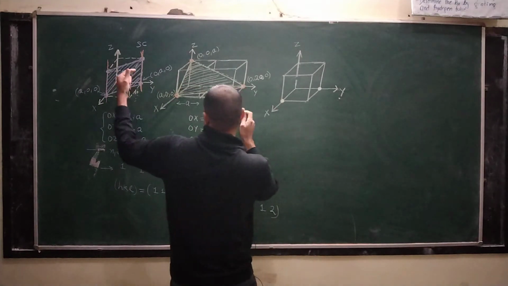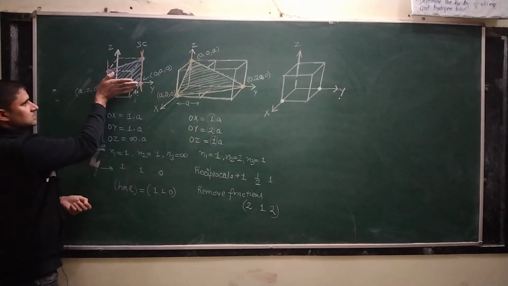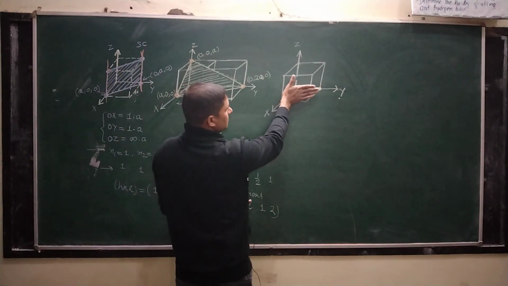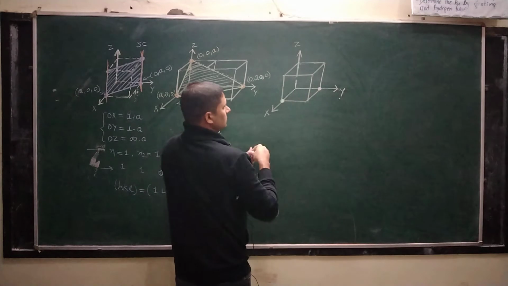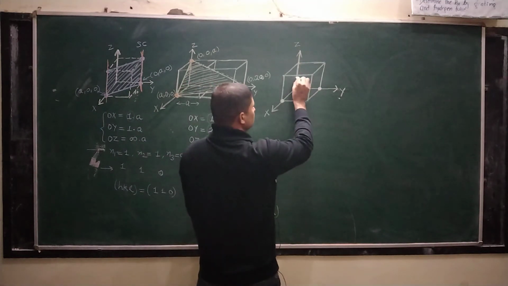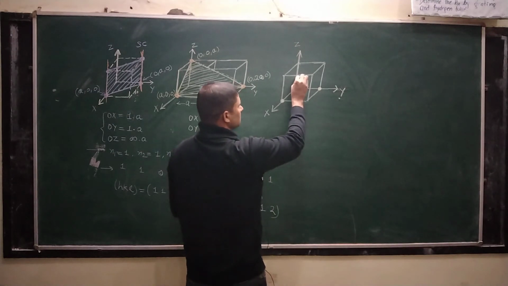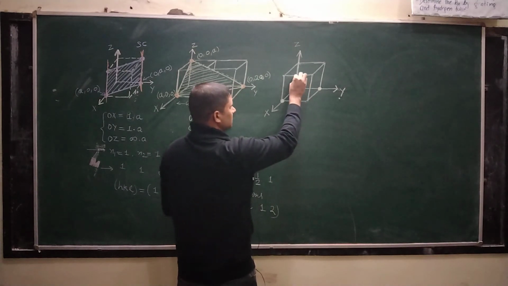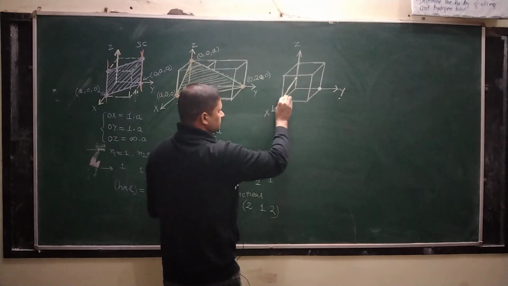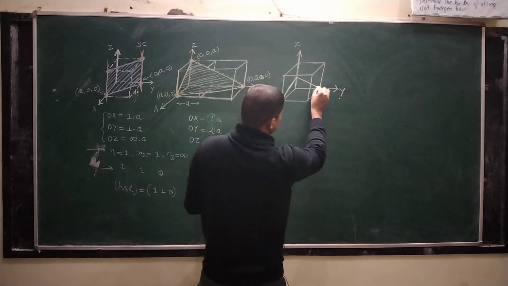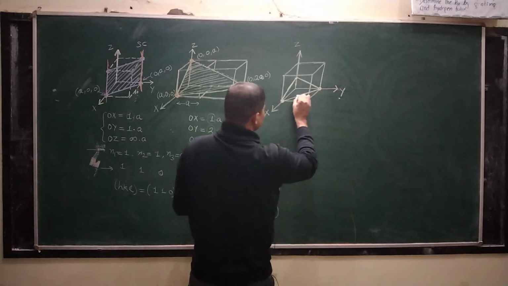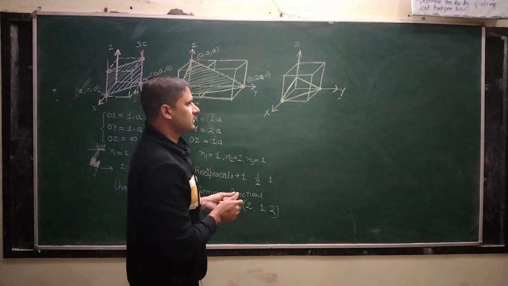This face is tilted towards z, so in that case it will cut the z axis. Suppose it is passing through a point. This is the point where it is cutting the z axis, and this is the plane. So you can see what is happening here.